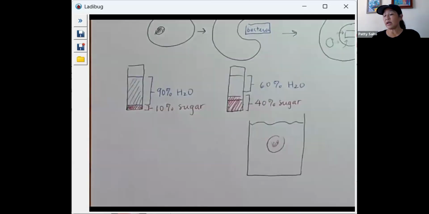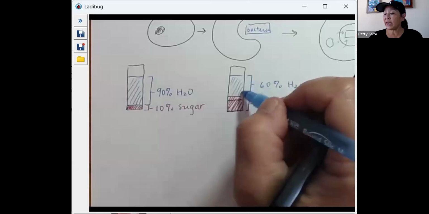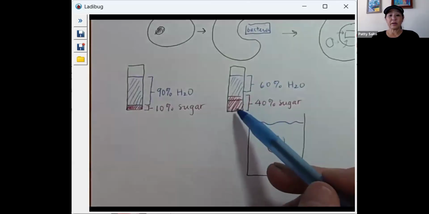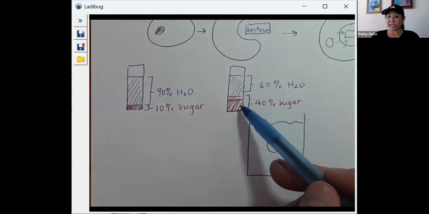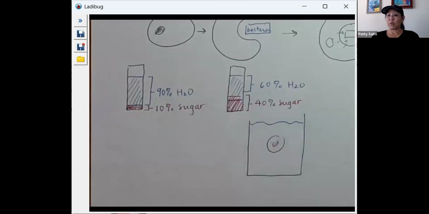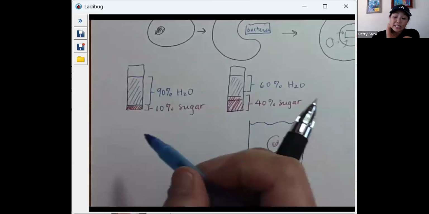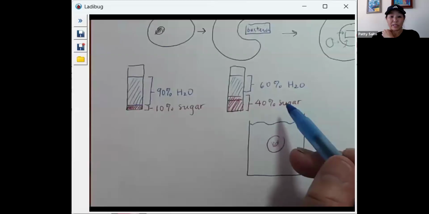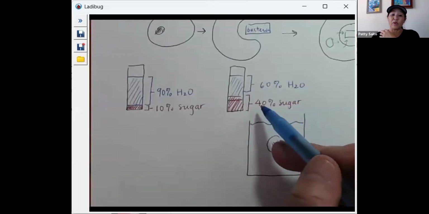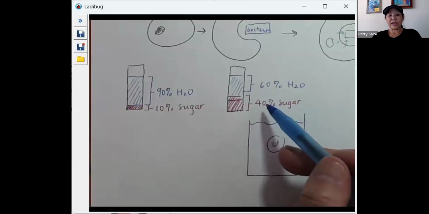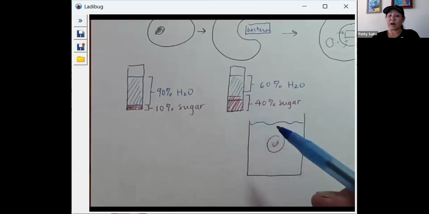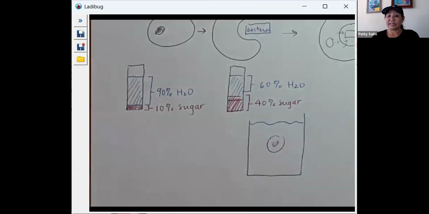You can see that as you increase the solute percentage, or the concentration, you decrease the amount of water in it. Do you see that? That's the difference between a 10% sucrose and a 40% sucrose. You put 40 grams of sugar and dissolve it into 100 milliliters of water. This is kind of what it maybe looks like if we were to separate it out.